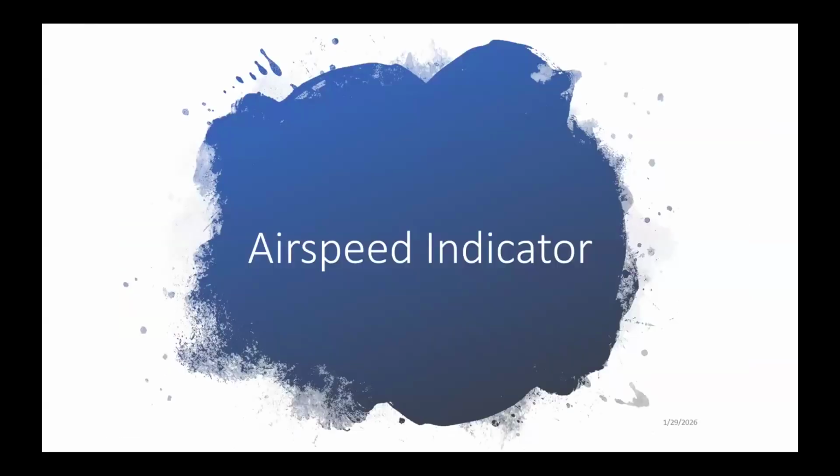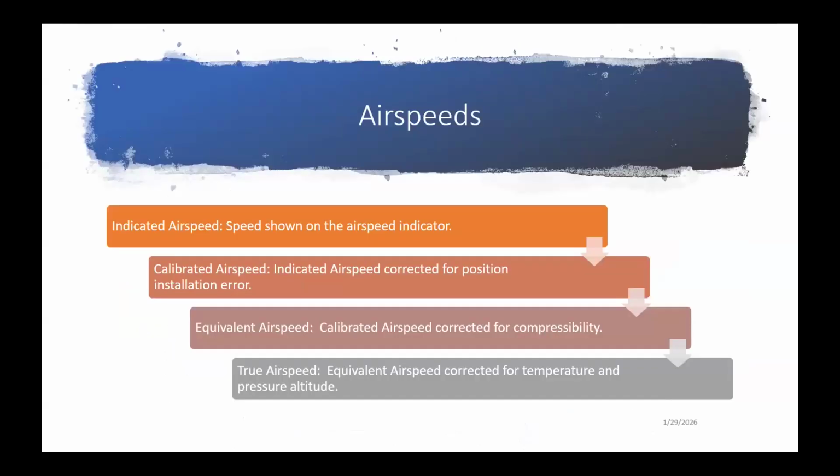Okay. Now we're going to go look at the airspeed indicator. When we look at airspeeds, we've got four values that we operate with around the aircraft. The indicated airspeed is the speed shown on the airspeed indicator. The calibrated airspeed is the indicated airspeed corrected for position and installation error.